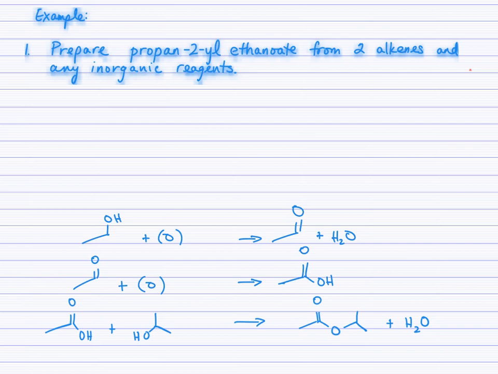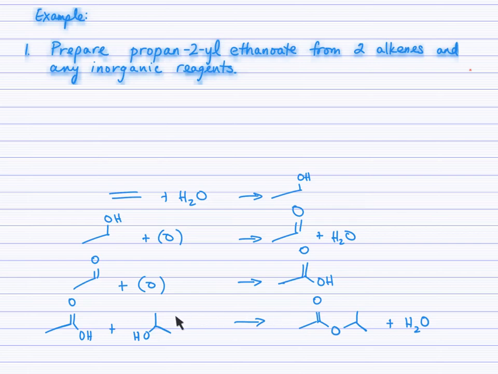Now that primary alcohol, ethanol, can be prepared by the hydration of ethene. And so all of these reactions here, starting with the ethene to ethanol, ethanol to ethanal, ethanal to ethanoic acid, they all prepare this carboxylic acid required for the esterification reaction.